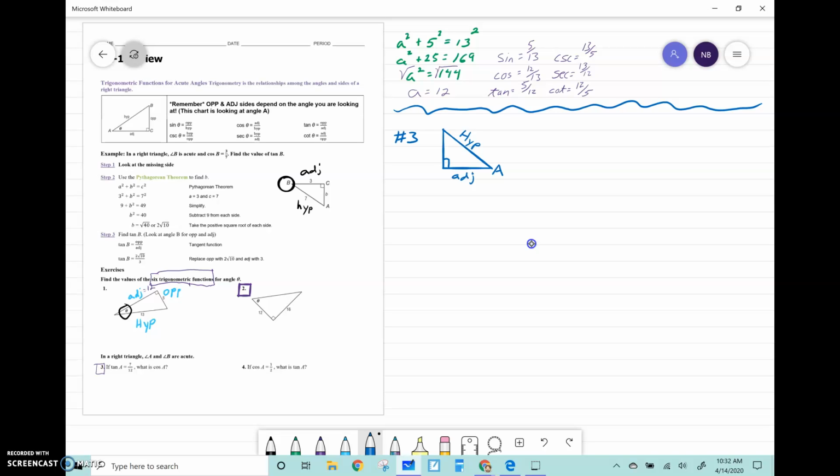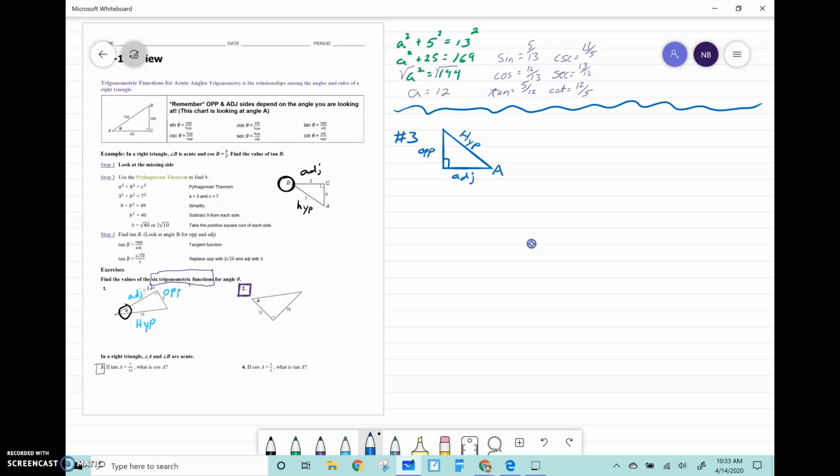And the beautiful thing about right triangles is if I would have made this angle A, this would have been my adjacent side. But using that Pythagorean theorem glues everything together. So that means this is going to be my opposite. Depending on how you draw your diagram will just determine where you'll label everything.